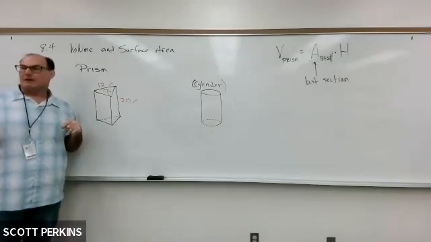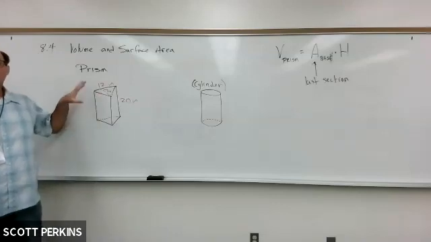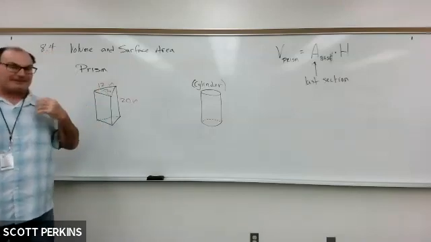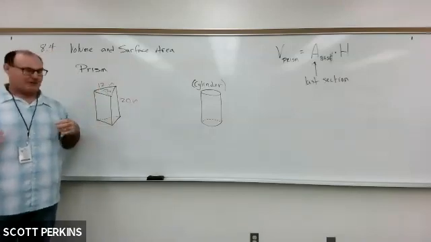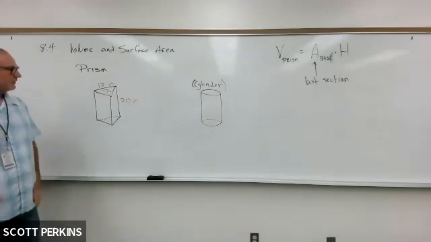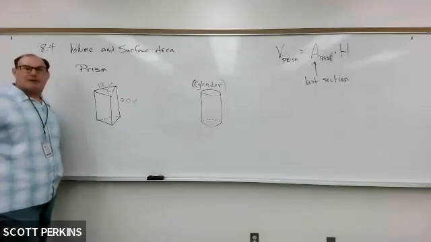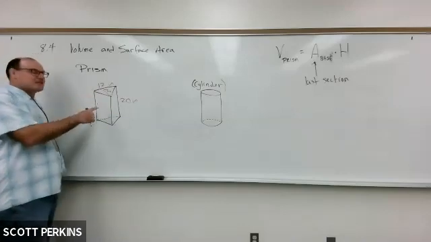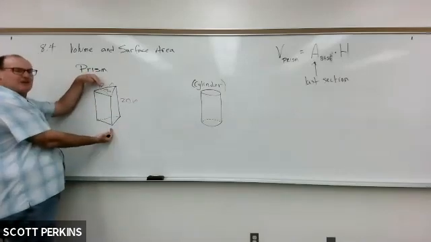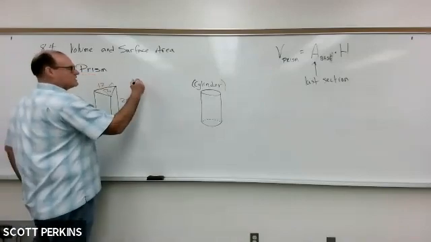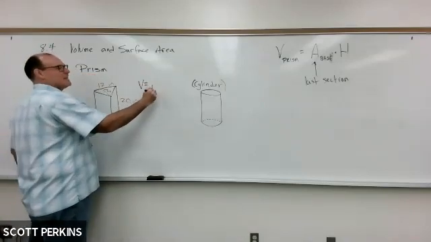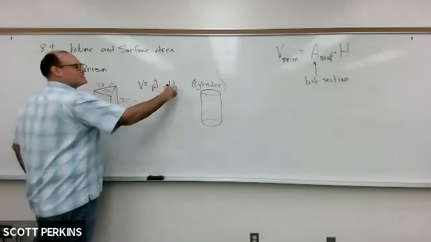Okay. Just giving you a second to write because I don't want to get ahead of you, because I don't think this is too terrible if you're able to follow along. So here we go. The volume of this, since it's a prism, since it has the same figure on the top and the bottom, goes like this. The volume of the prism is the area of the base times the height.